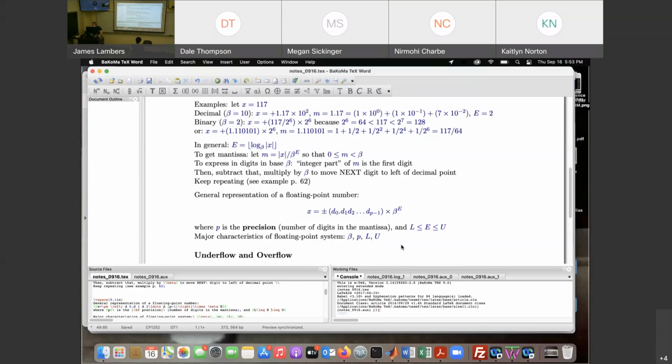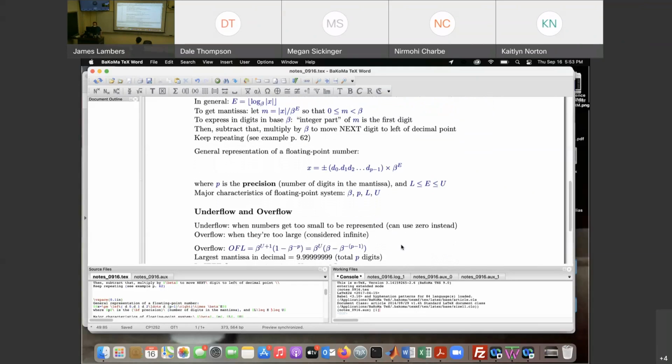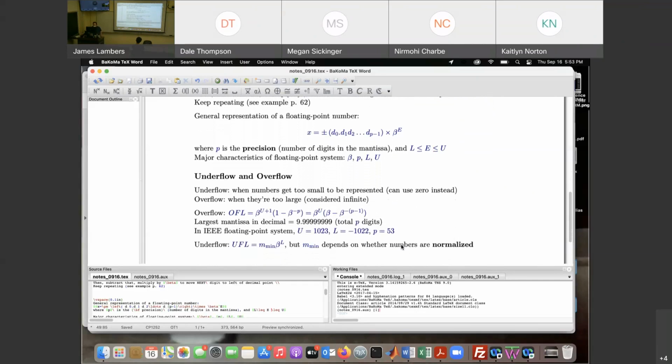So here are some issues to be aware of because of the limited storage available for mantissas and exponents. First is about the magnitude: underflow and overflow. You have a situation where the number is too small to be represented.